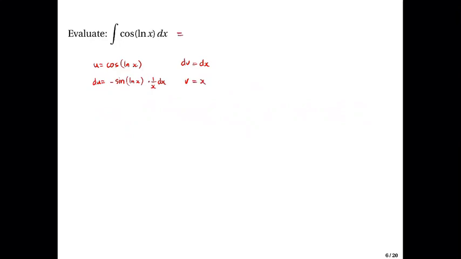So by IBP, integration by parts, you have uv, so x cosine of ln of x minus the integral of negative sine ln of x over x times x dx. Follow?